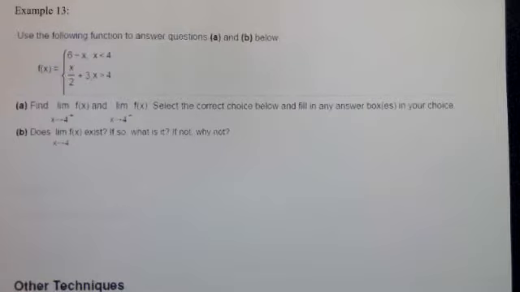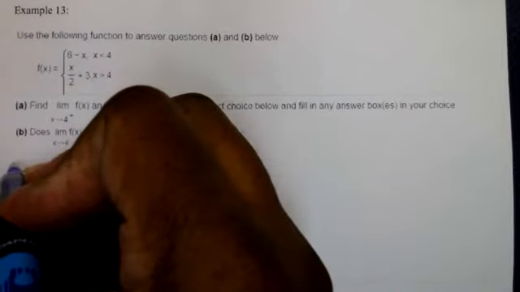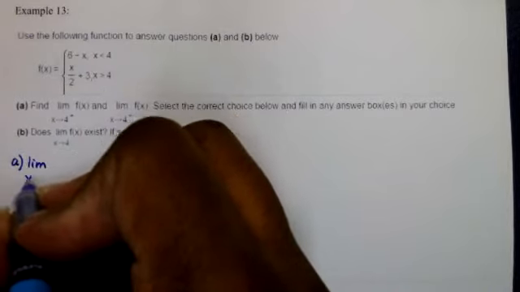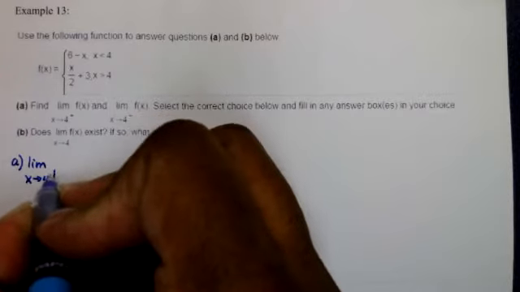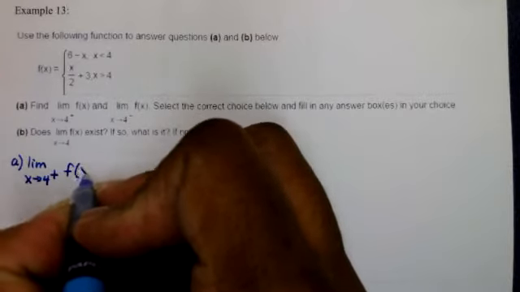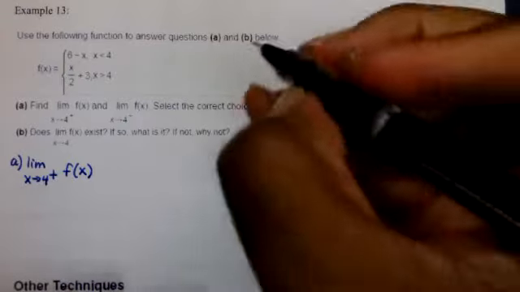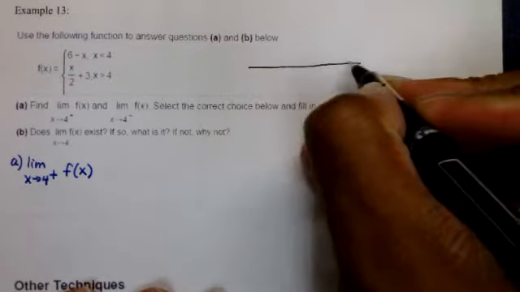All right, let's start by answering part A. So in this case here, I need to find the limit as x approaches 4 from the right for that function f of x. All right, now let's think about this for a moment. You can draw a number line, and here's 4.